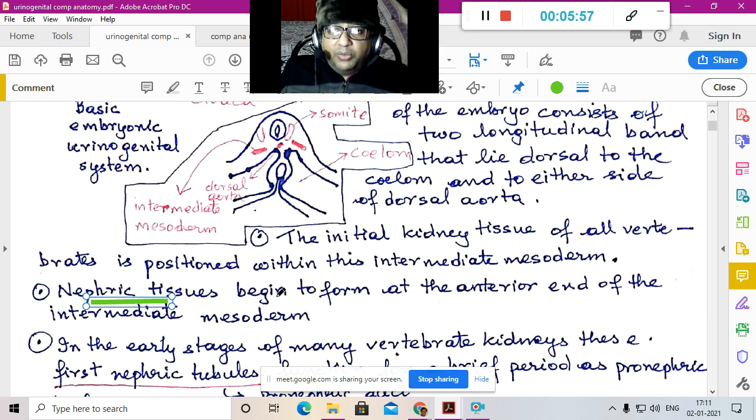Nephric tissues are the ones which form the nephros, or the kidney nephrons, the kidney cells in units. Nephric tissue begins to form at the anterior end of the intermediate mesoderm. So this is the anterior end, this side. In this region you find the nephric tissues being formed.